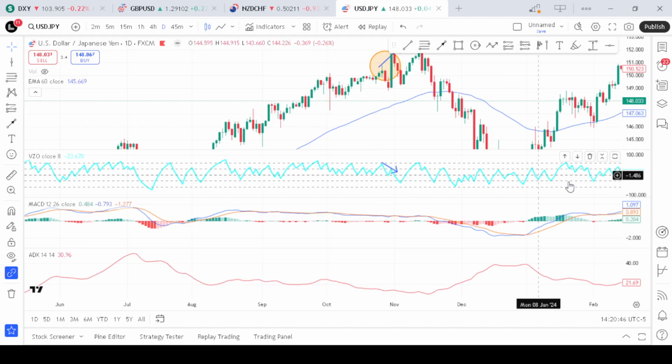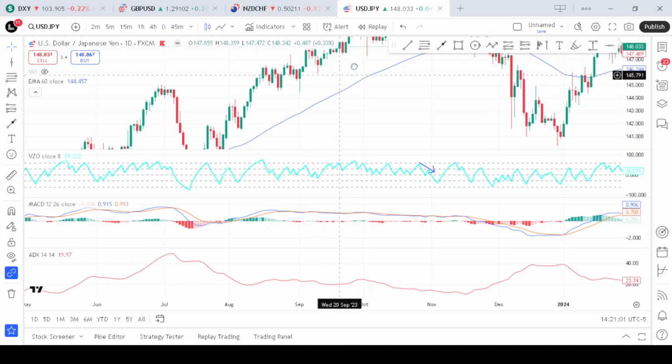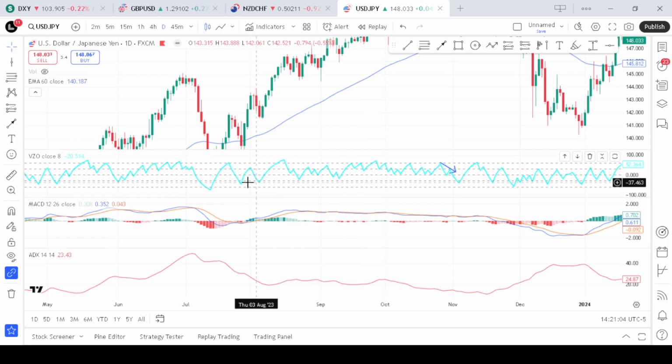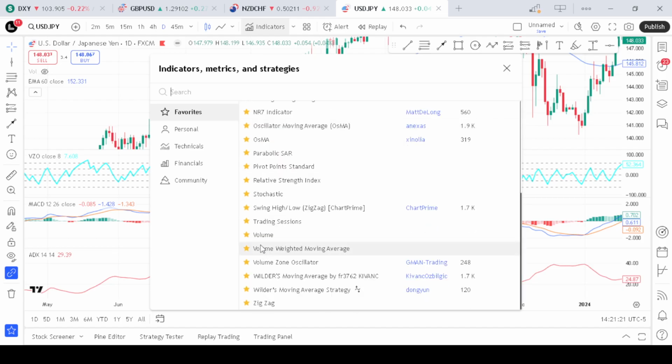After combining with the EMA and the ADX, if the VZO crosses above minus 40, from this area it is crossing above minus 40, while the RSI, which is the relative strength index, let me quickly add my RSI indicator.